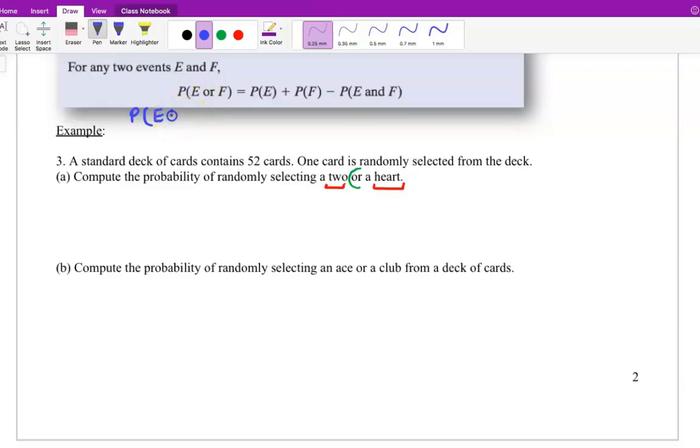So here OR is union, and here AND is intersection.